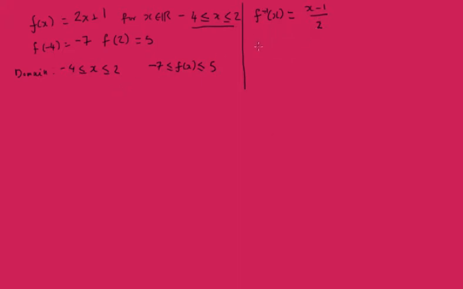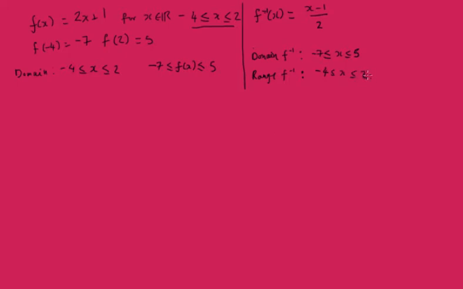Now the domain of the inverse would be the same as the range, so minus 7 less than or equal to x is less than or equal to 5, and the range of the inverse is the same as the domain of the function.